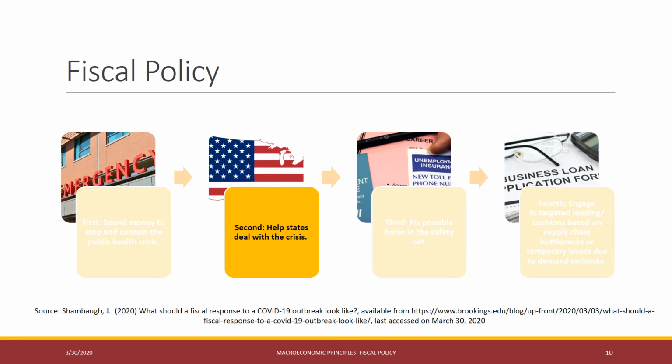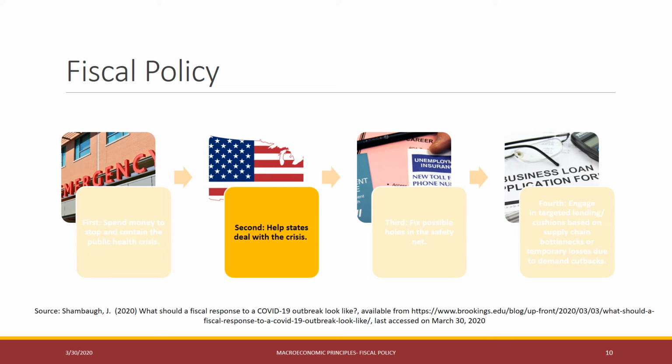The second aspect is to help the states deal with the crisis. The federal government should immediately increase the federal share of Medicaid spending. A health crisis will increase the demand on Medicaid as more people need testing, are sick, or seek medical care.